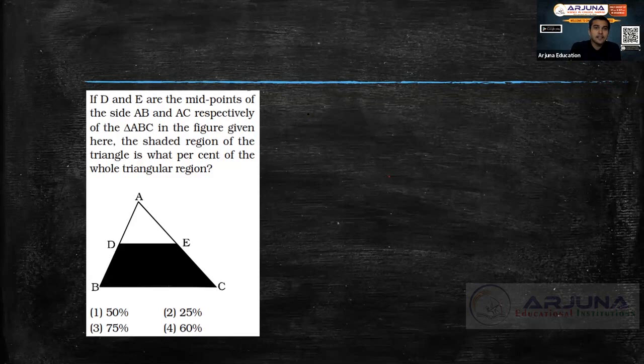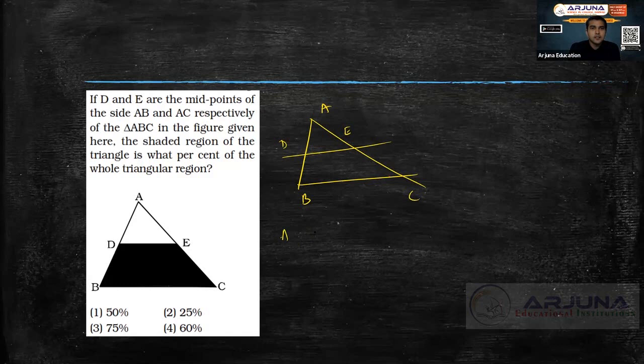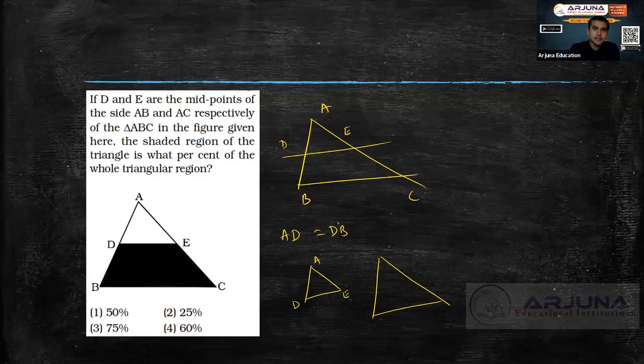Why? You have a triangle like this. I will apply the BPT theorem. I have A, B, C, and these points are D and E, right? I know that AD is equal to DB. If I take two triangles, one is ADE and another is ABC, the bigger triangle.